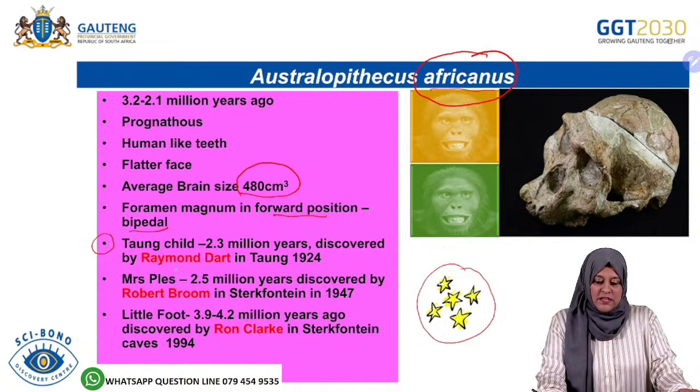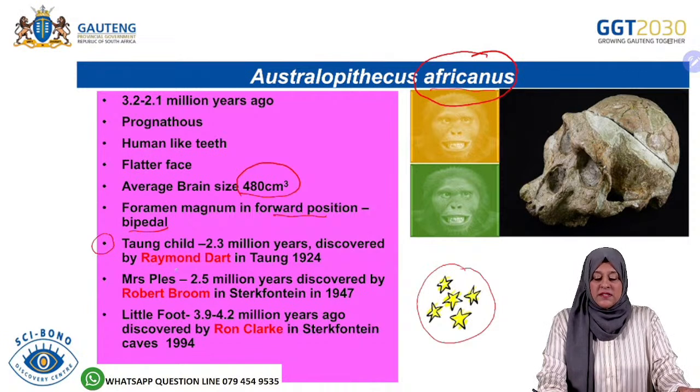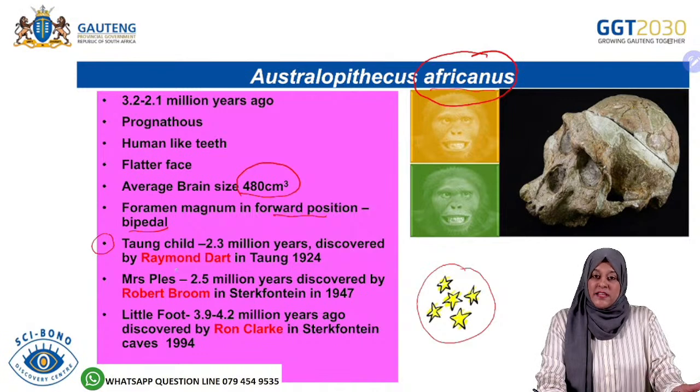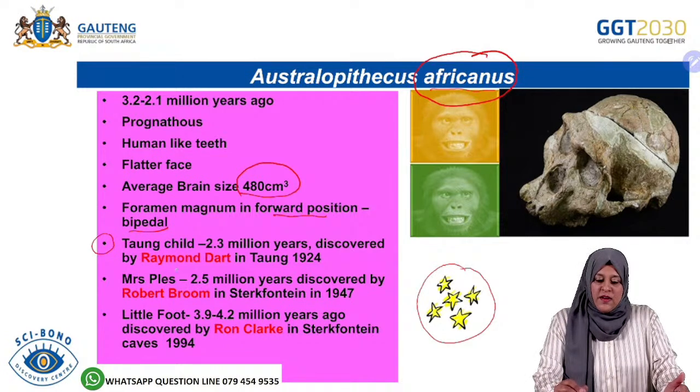Littlefoot is considered the most complete and oldest fossil hominin that was ever discovered, right? The fossil is about 90% complete. So it's amazing to see these at the Sterkfontein cave area and the Maropeng site where you can view this. But this is what you have to know and understand for the exams.